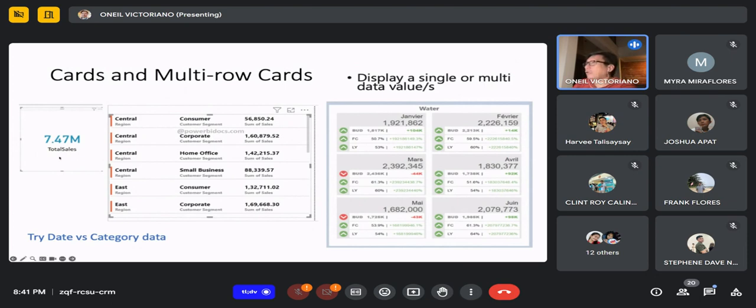So this is a single card, and there's a multi-row card. In this multi-row card, there's region, customer segment, and sum of sales. So in this example, there are different months: January, February, March, April, May, June.